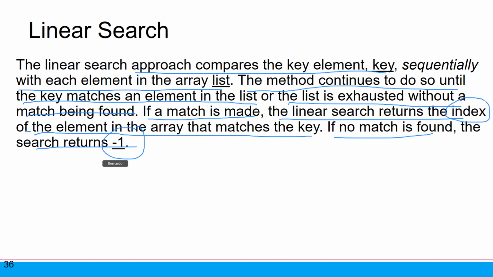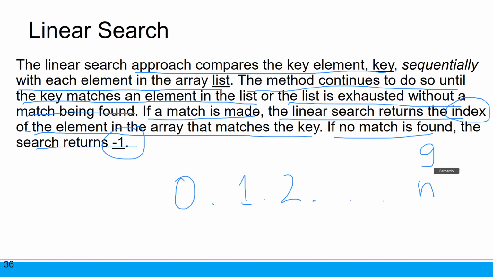So maybe you will ask why we use -1. The array starts from 0, and then goes to 1, then 2, and so on until n. For example, if n is 10, we will go until 9.